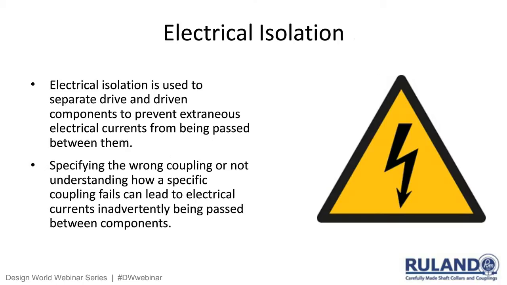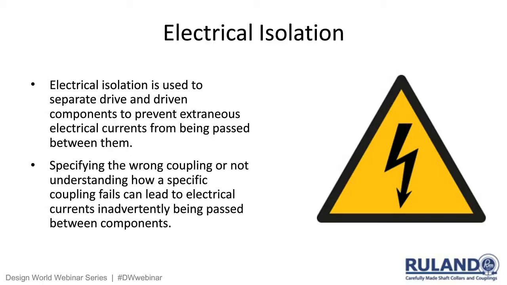Electrical isolation. Electrical isolation is used to separate drive and driven components to prevent extraneous electrical currents from being passed between them. Specifying the wrong coupling or not understanding how a specific coupling fails can lead to electrical currents inadvertently being passed between components.